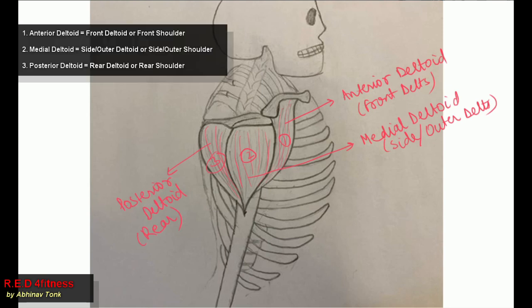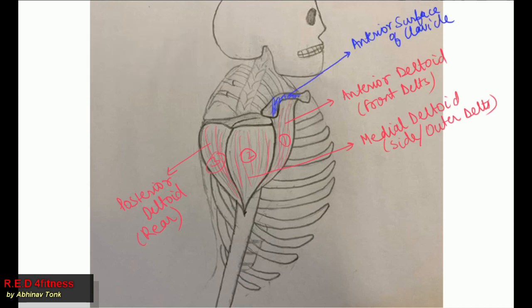Now if we see, the anterior deltoid basically originates from this area, right? So this is the collarbone and it originates from the anterior surface of the clavicle. Anterior surface means the front surface of the clavicle. Talking about medial deltoid, it originates from this particular area which is known as the acromion process, and posterior deltoid originates from this particular area which is known as the spine of the scapula.